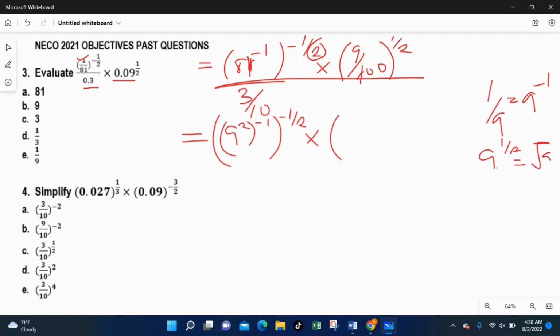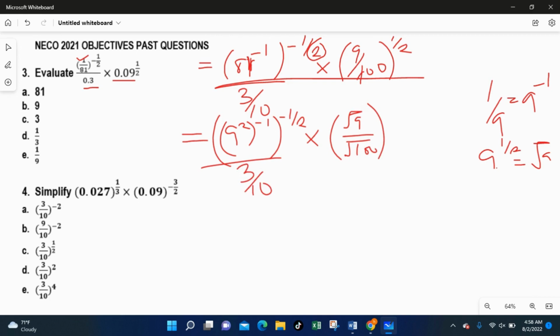So we apply that here. If we apply that here, we're going to have square root of 9 all over square root of 100. So we've simplified that one. This will be over 3 over 10. So we'll go ahead to simplify further.